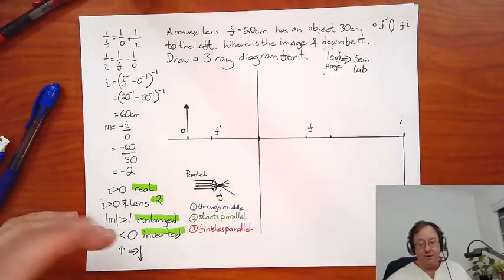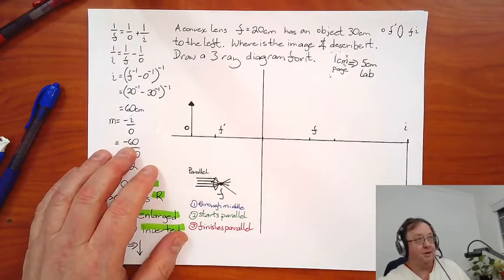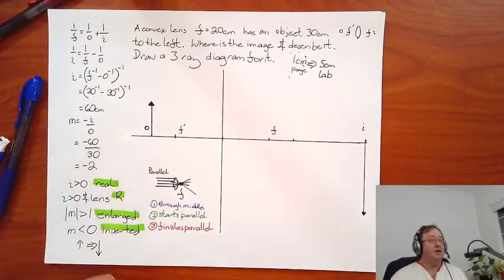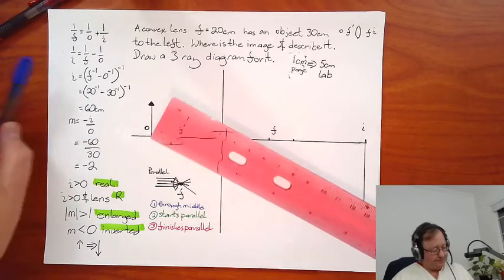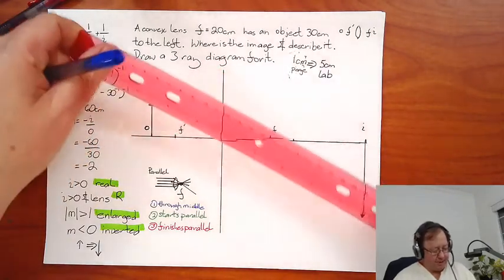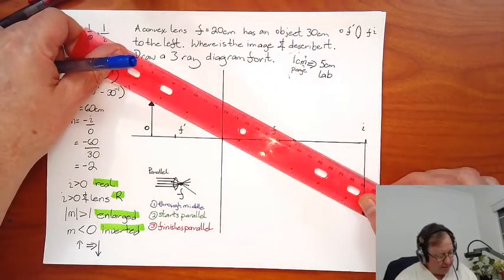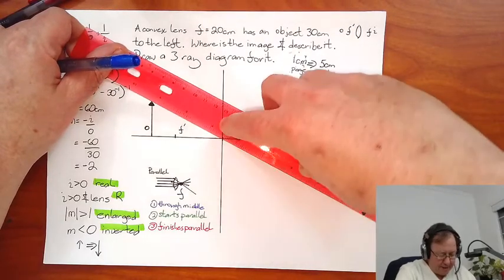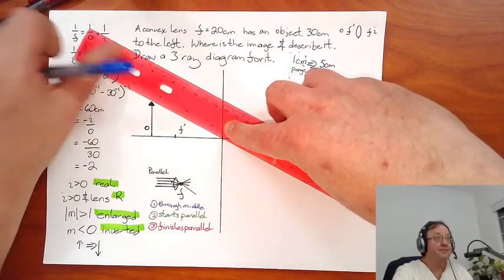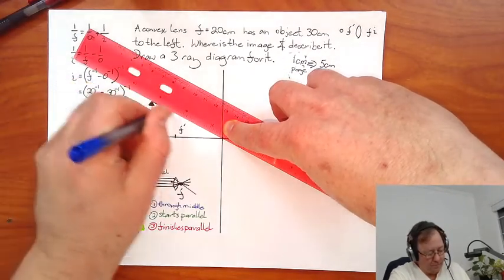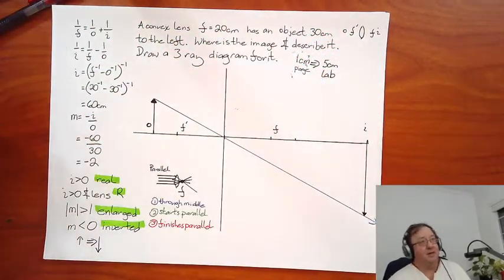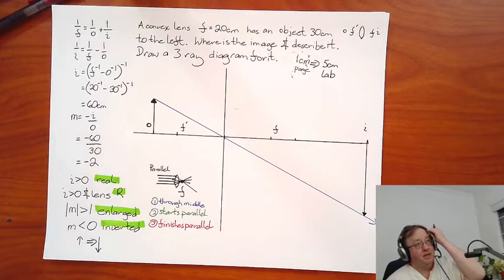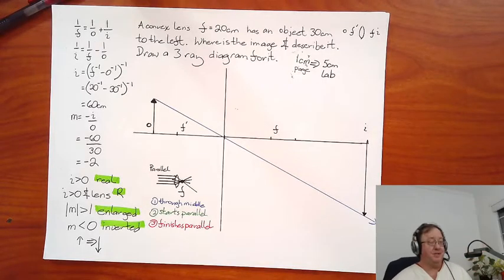Now, I went through all the trouble, and everybody has to go through all the trouble, in setting this up. Makes things a lot easier if you draw your image and object and everything is placed perfectly. The first ray, the ray that goes through the lens, is unaffected by the lens. It doesn't bend at all. It's because it's passing through the physical center.